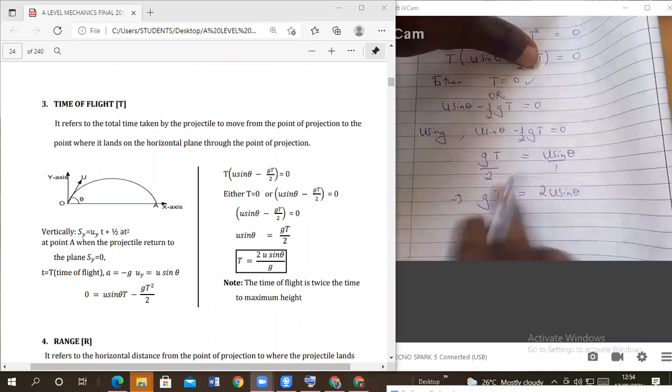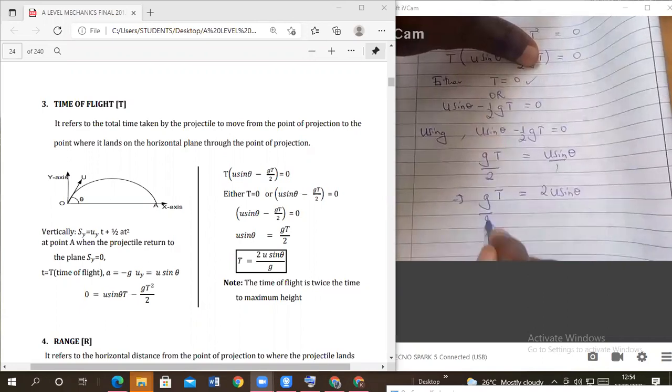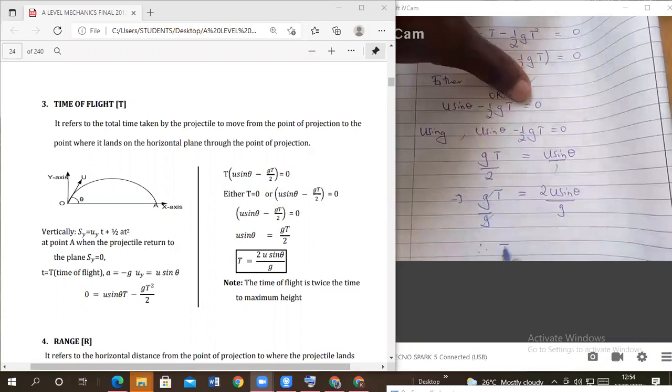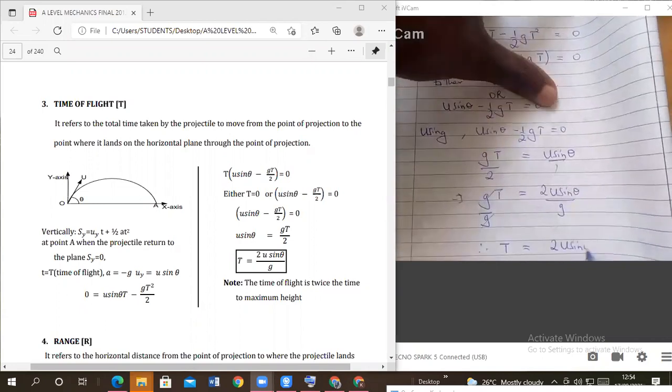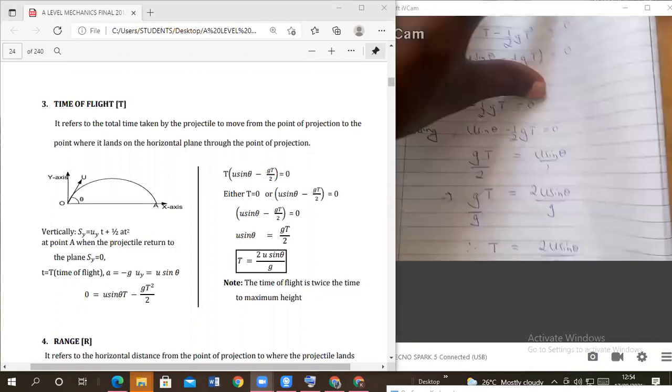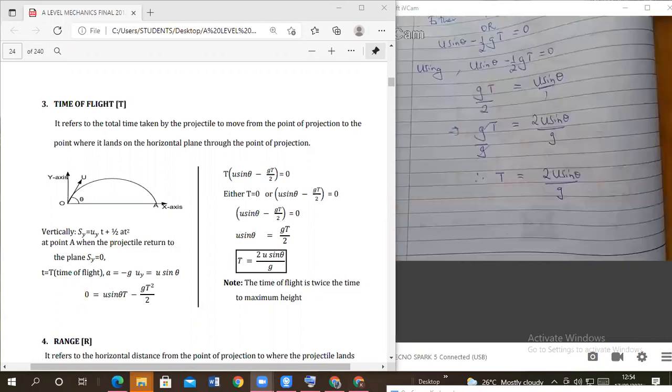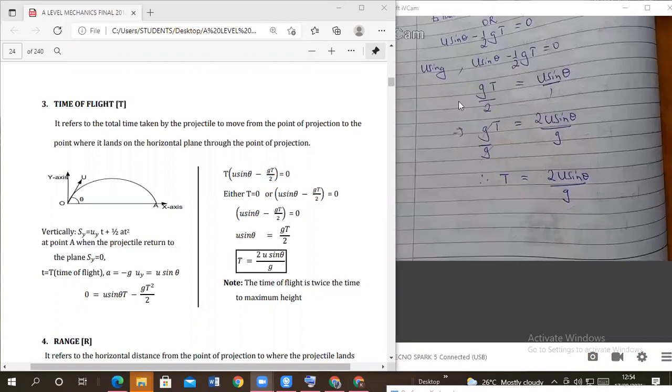Okay? So when you divide all through by g, therefore, our t is equals to 2u sine theta over g. Have you seen that? You have seen that, eh?